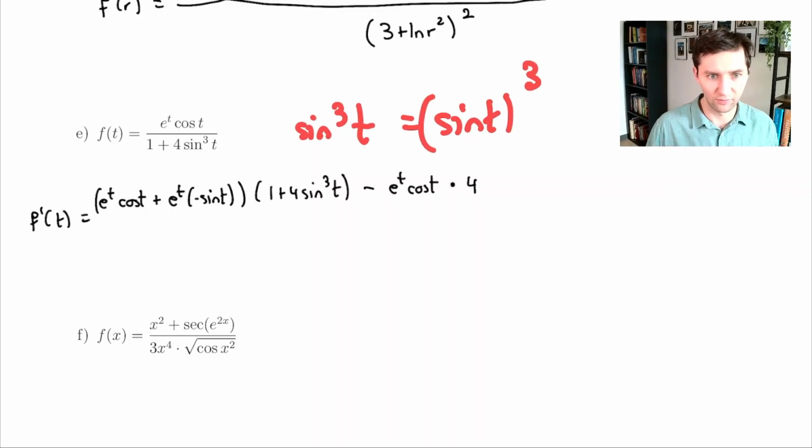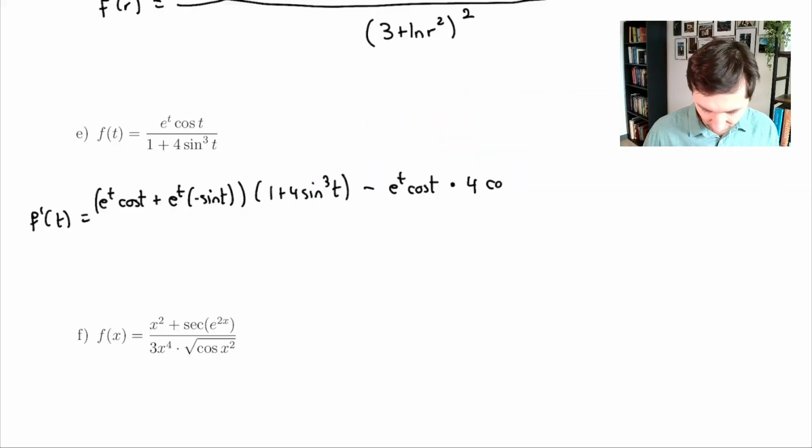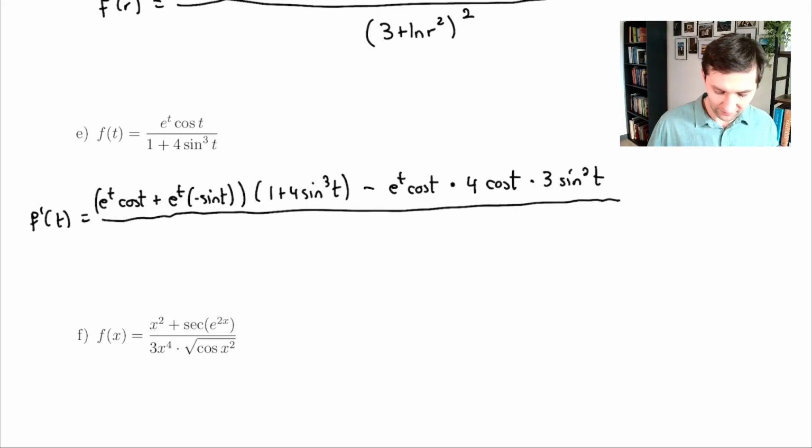So when I take the derivative, I take the derivative of sine, and then I take the derivative of the third power. The derivative of sine is cosine of t. And when I take 3 down, that gives me 3 sine squared of t. All of that must be divided by the denominator squared. So (1 plus 4 sine to the third power of t) squared.